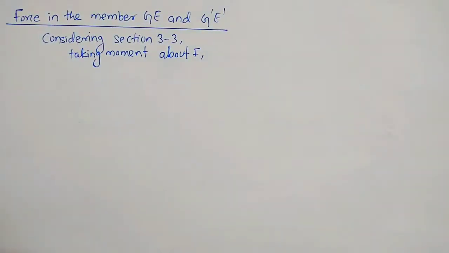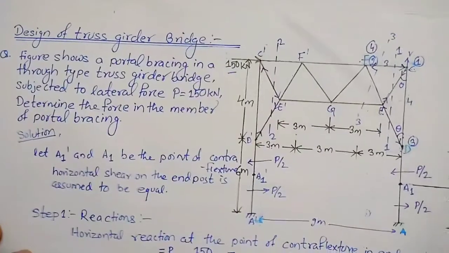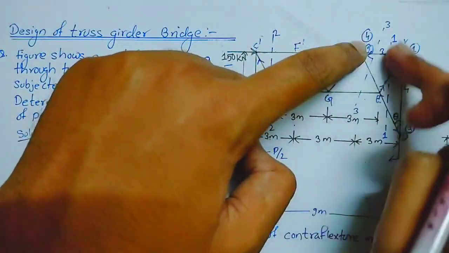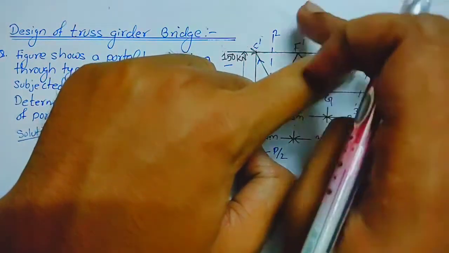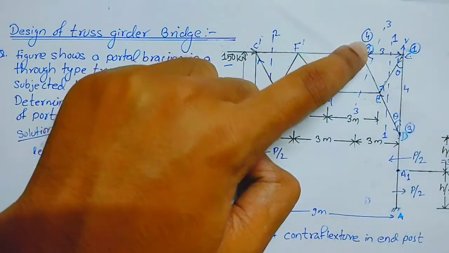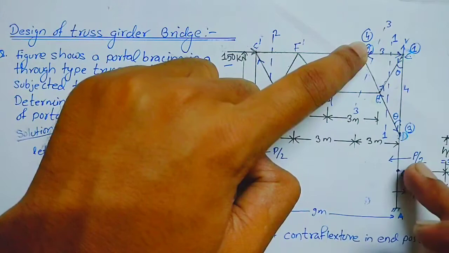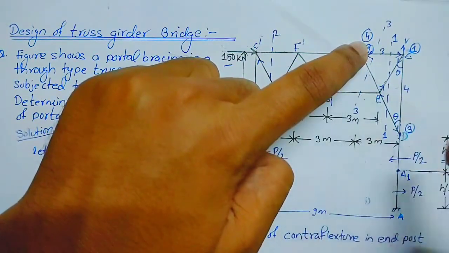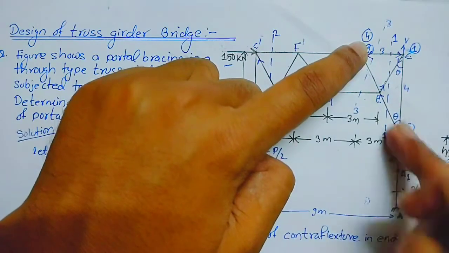Let me show you in the diagram. Here I am taking moment about F, and this GE is taking clockwise direction. This vertical force is taking anti-clockwise direction, and this P by 2 is taking clockwise direction. So the force in GE and P by 2 will be positive, and this vertical reaction will be negative.